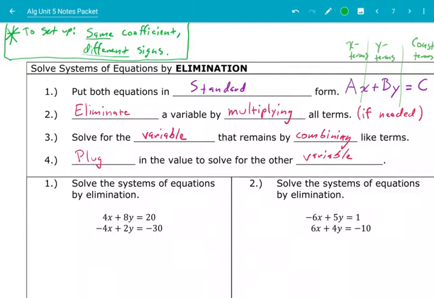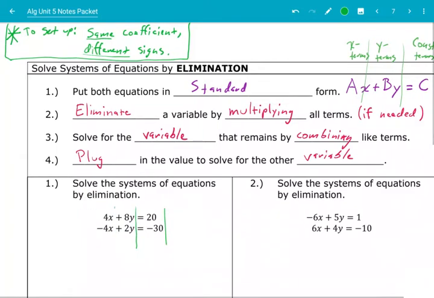Here's the x terms, here's the y terms, and here's the constants. Here we have the same coefficient, 4, but different signs.